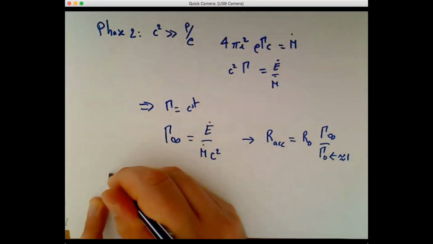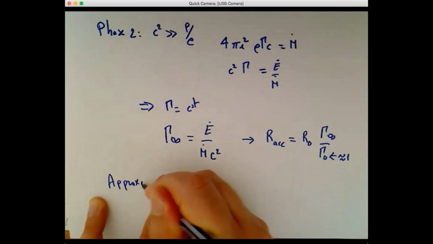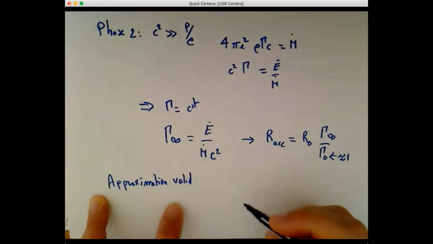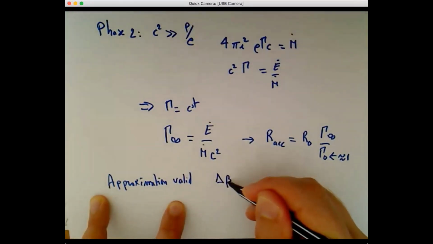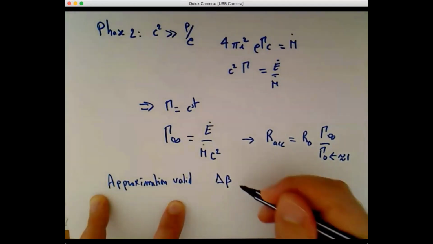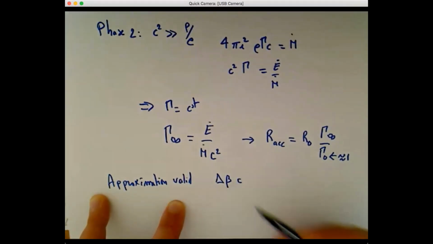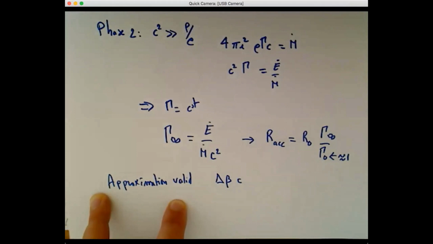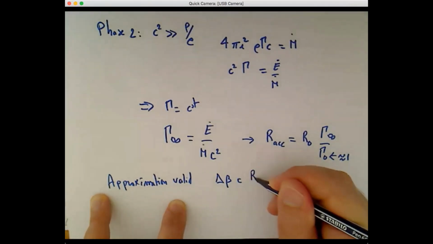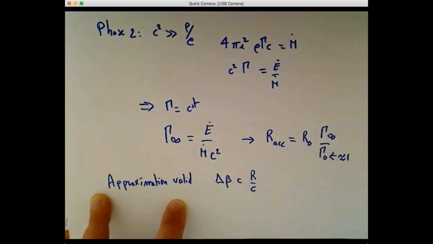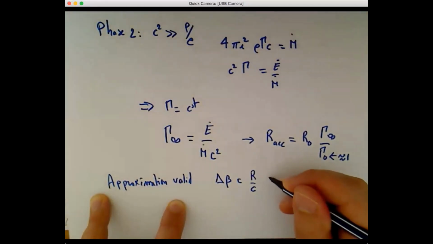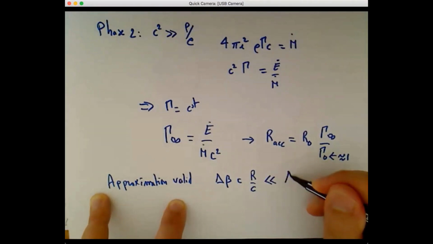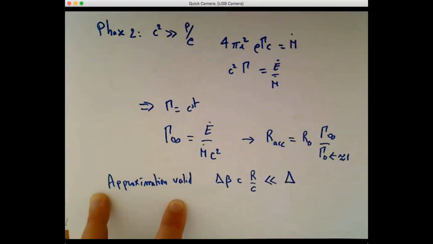In fact, this approximation is valid as long as the relative velocity between different layers in the fireball, which in units of c is delta beta, times the time since the ejection, which is R over c because we are moving at relativistic speed, is small compared to the initial size of the fireball, the width of the fireball.